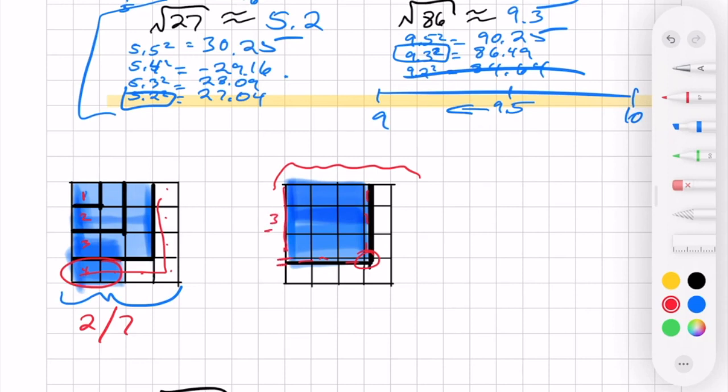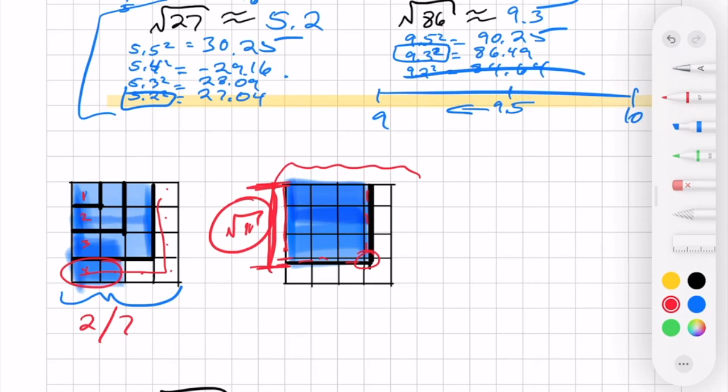Now, if we estimate how much each square in the last layer is shaded, then we can find an estimate for this part here to this part here is the square root of 11, right? That's the length of that side. So I'm going to get rid of that little 3 there. From here until here, this whole area is the square root of 11. Okay, remember that is a number, so we can say that that's the length of that side.